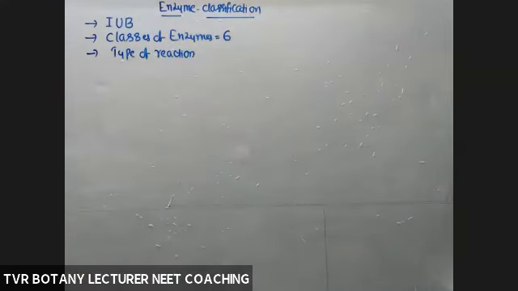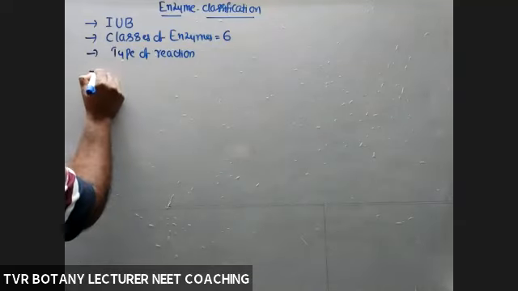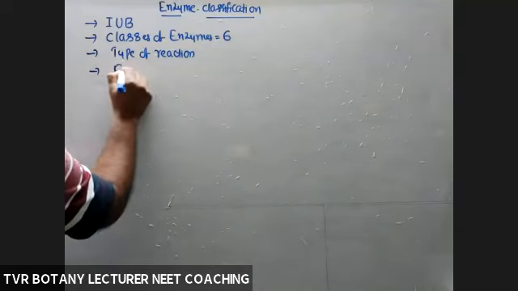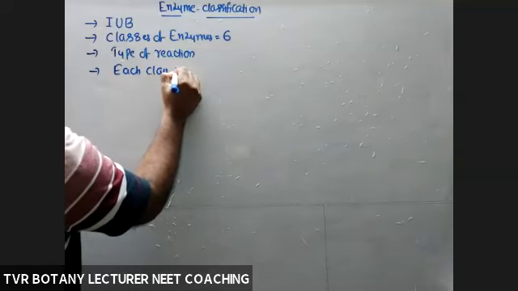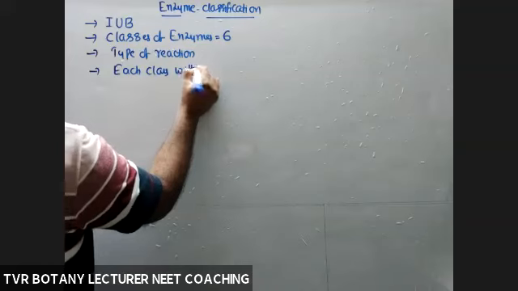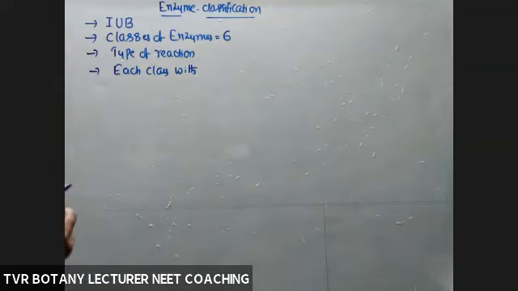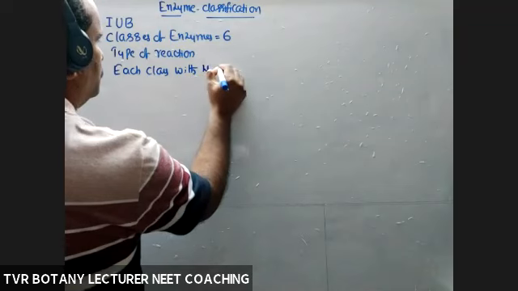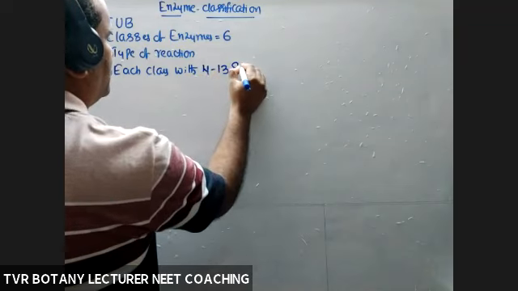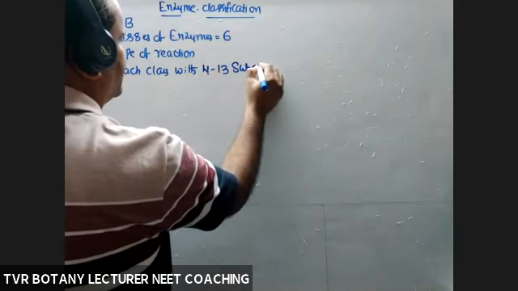And each class has a certain number of subclasses. What about the total number of subclasses? 4 to 13 subclasses. Each class has 4 to 13 subclasses.